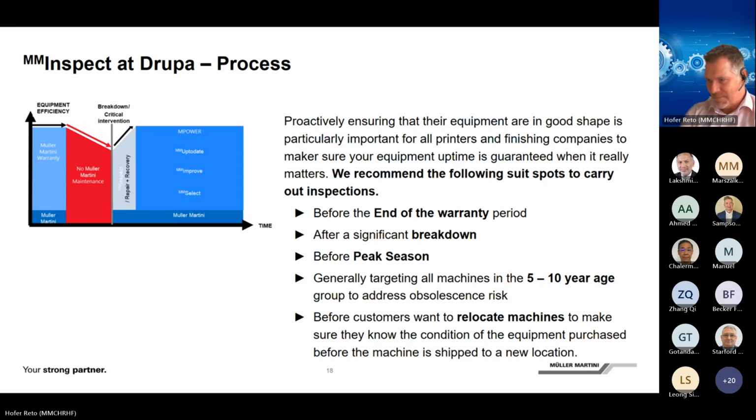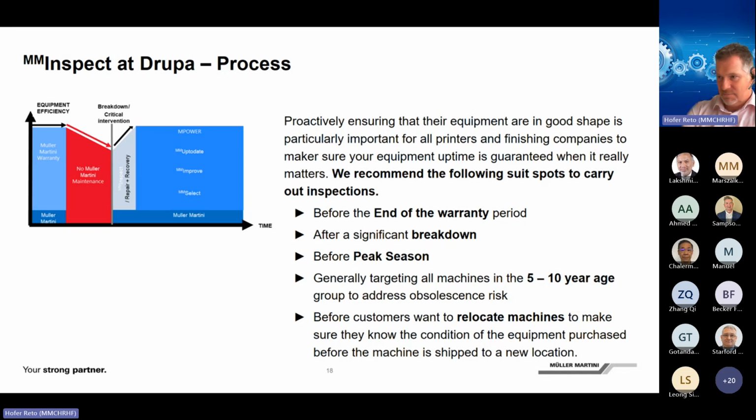After a customer had a massive breakdown, maybe not the day after, but a certain amount of time afterwards, I think we should really talk to customers to see what caused the issue in the first place, and how we could prevent that. For me, an inspection is a fantastic starting point for that.